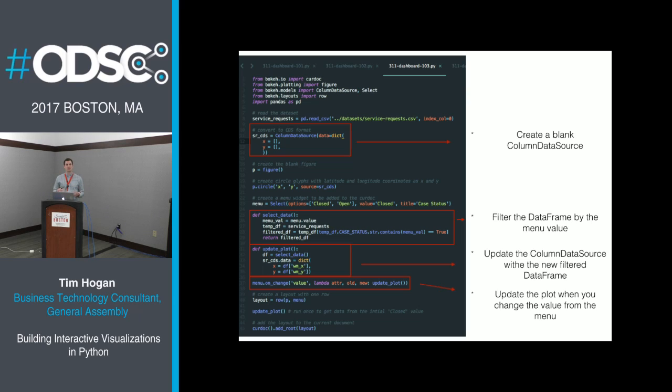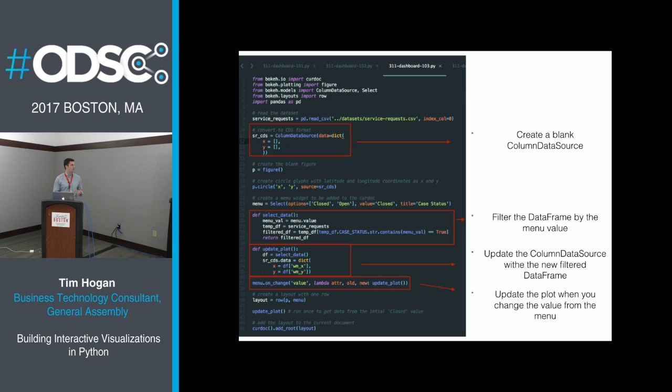It's just going to update the column data source that we've created here with whatever value we have selected in this function. So you call the select data function first, and then you select how you want to update the column data source. Down here, we're saying service request column data source dot data, and we're specifying from the data frame what are the two series that we want to pass through.